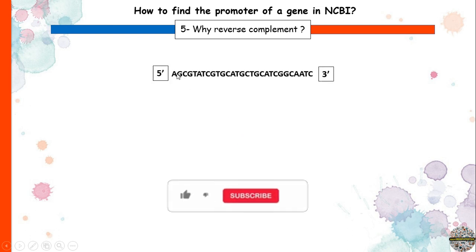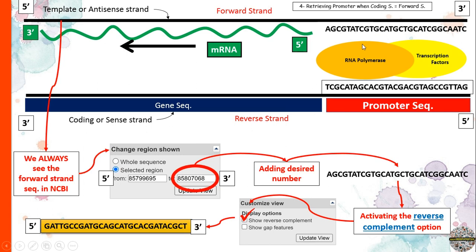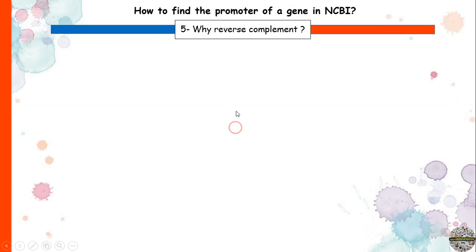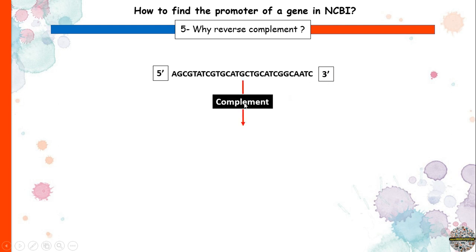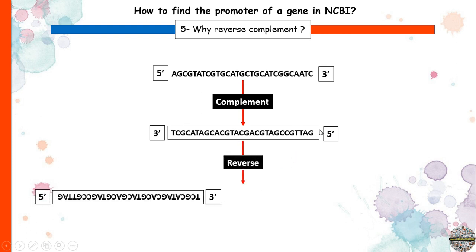Let's assume that this is our sequence, the complementary sequence of our promoter sequence. So this is our sequence from 5' to 3'. If we create the complement sequence, it will be this, as you know, from 3' to 5'. And if we reverse the strand, we will get this one, GATTGC, from 5' to 3'.